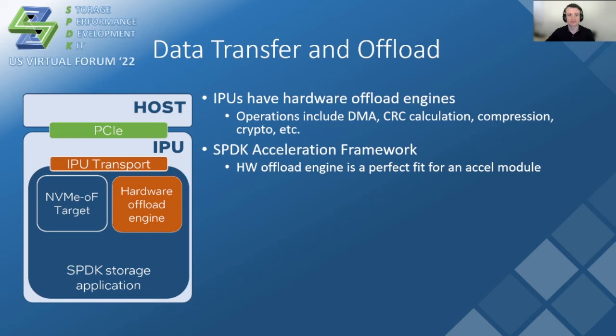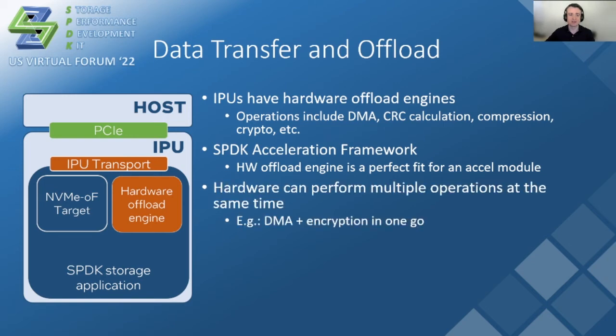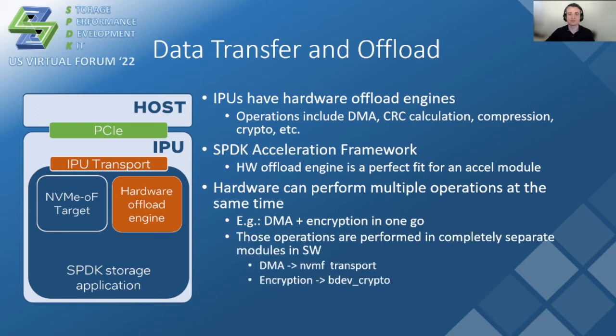But there's another challenge here. The hardware can often perform many operations at the same time. Like you can do DMA and encryption in one go. However, those operations are often performed in completely different layers of the software stack.